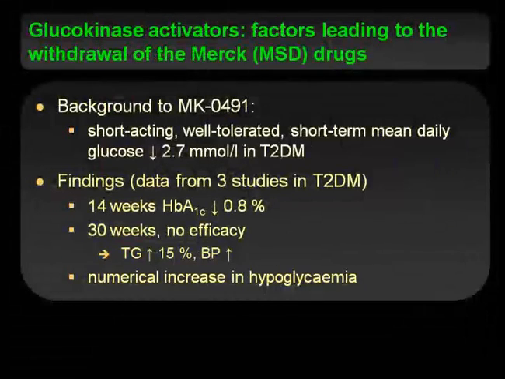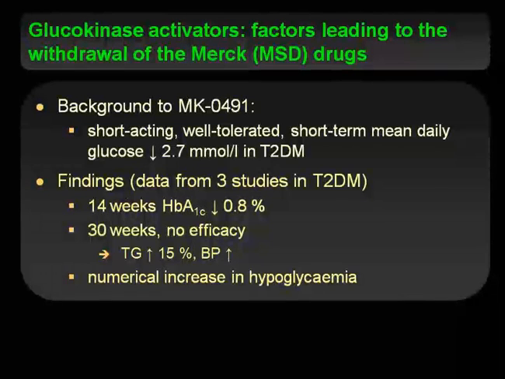That's what happened with the GKAs. These were very effective drugs. Many of us thought they would be a wonderful new approach, short-acting, well-tolerated, big drop in plasma glucose. But what happened in 3 studies in type 2 diabetes, the efficacy simply disappeared.